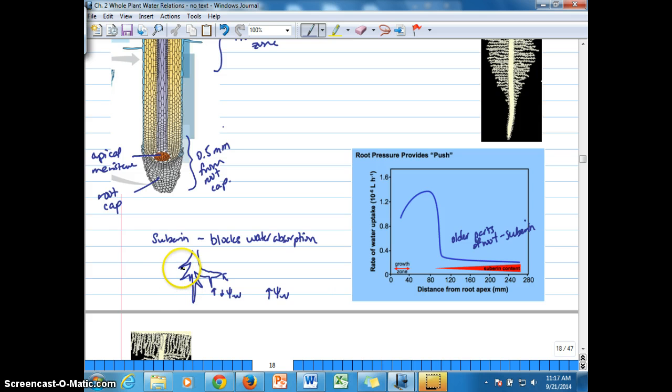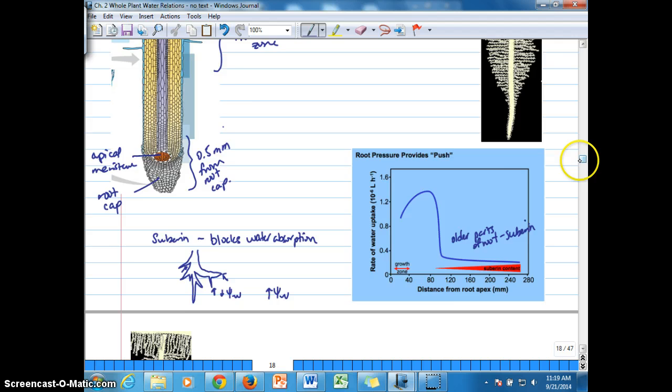If instead, on this side, these branch points were taking up water, they would have the lower water potential and the tips would have a higher water potential, meaning that the tips aren't able to maximize that water uptake. It's the branch points where all this suberin is located. So by having the water potential gradient start at the tips of the root, it allows that gradient to extend away from the root out into the soil instead of including part of the root.